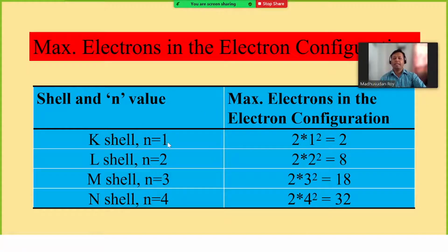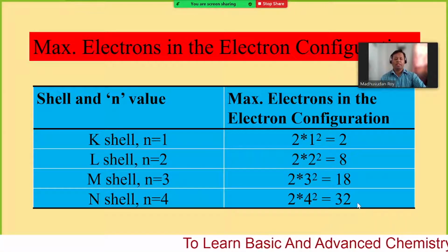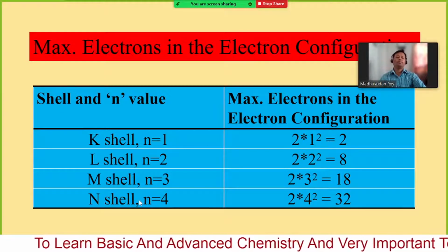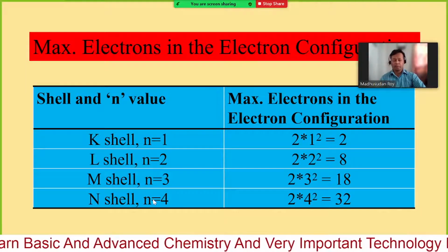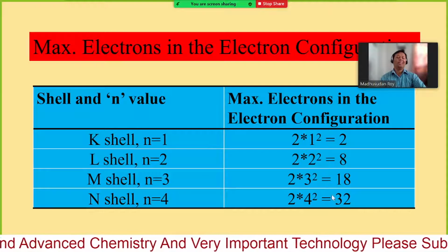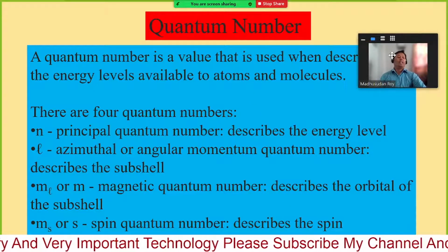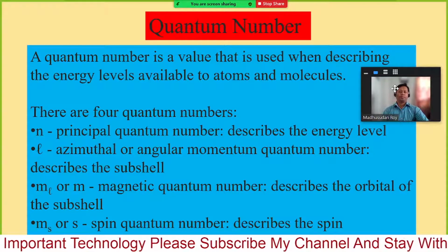In the K shell, n equals 1, 2 times 1 squared is 2; L shell, 2 times 2 squared is 8; third shell 18; fourth shell 32. In this way you can calculate the number of electrons for as many shells as we have. Okay, now we will learn about the quantum number.